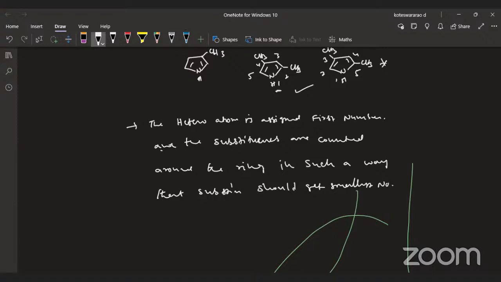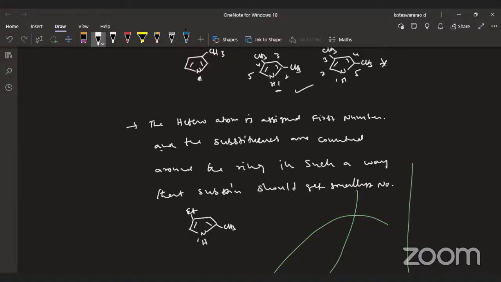For example, CH3. Suppose an ethyl group is there in this case.